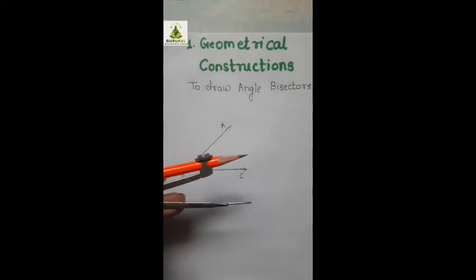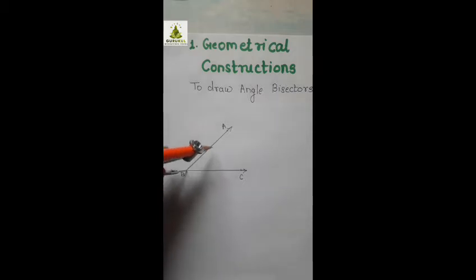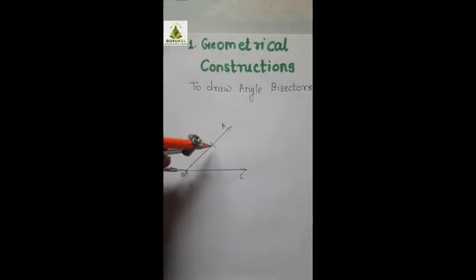First of all, you take a suitable distance in a compass and place the pointer on the vertex of the angle. Here vertex of the angle is B, so I am placing it. You have to draw one arc on this ray or arm of the angle. Same, don't pick up the compass.